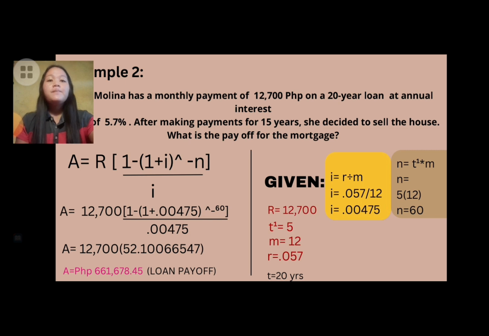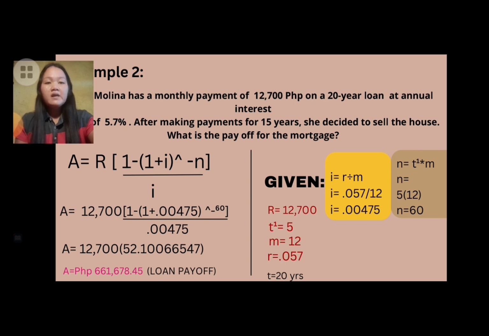So 5.7% or 0.057 divided by 12 will give us the result of 0.00475. So that is the monthly interest rate.